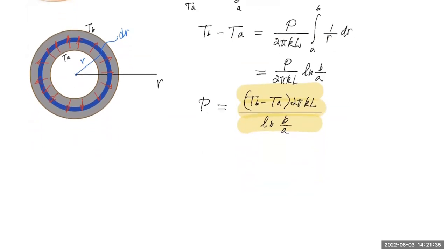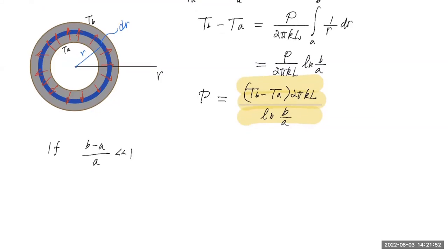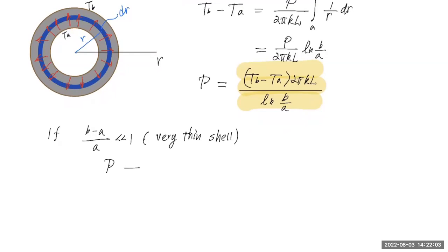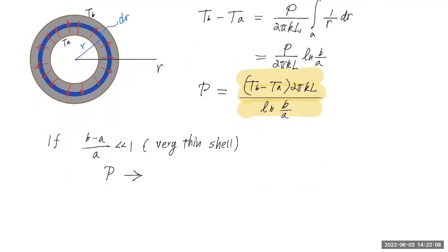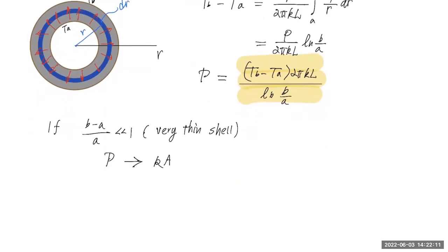So I can check that if B minus A, that's the thickness, is a lot less than either A or B, so let's say we divide it by A, is a lot less than 1, okay? So that's a very thin shell. For a very thin shell, it's essentially uniform in cross-section area, and then P should become what? Well, I use the formula for uniform thickness, right? It's KA delta T over delta R for uniform cross-section.